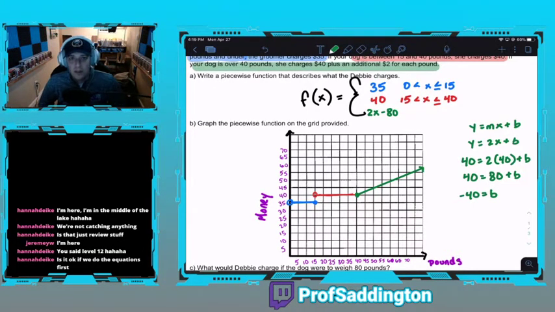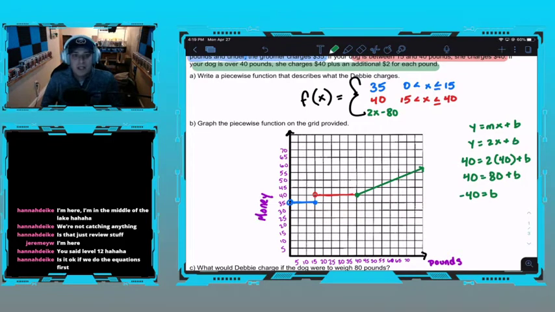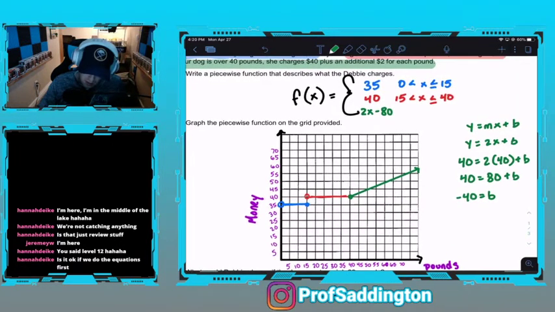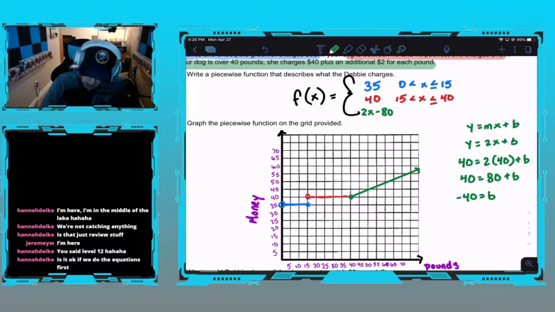So that only matters if we're trying to find how much extra money we're looking to spend in this case. Okay? And that's going to be from 40 all the way up to infinity.